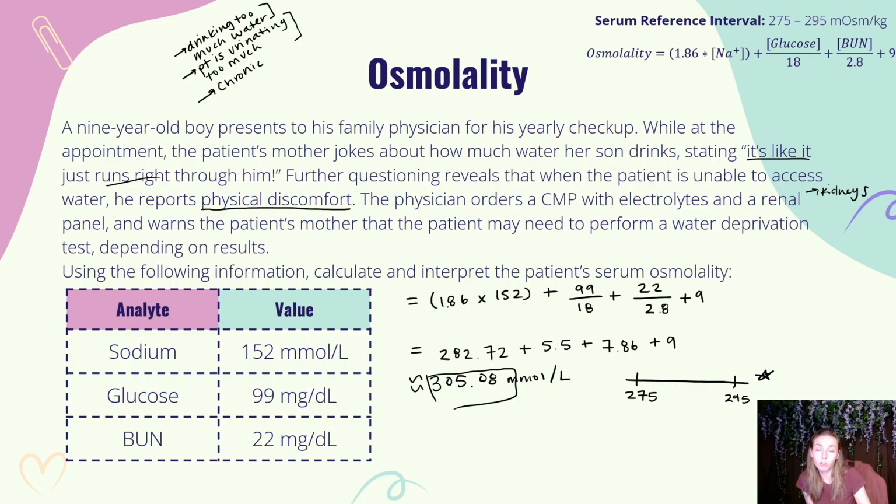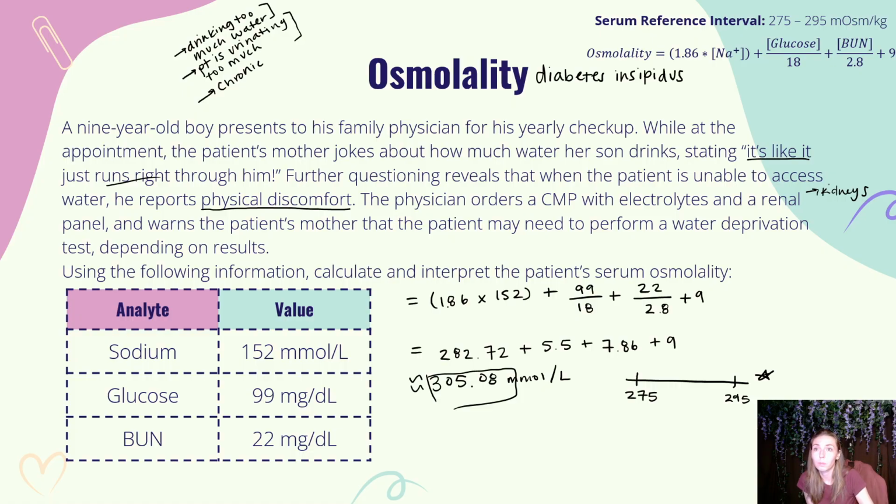His mom was saying that he drinks a lot of water. Problem is, he's urinating way too much. So not only is he getting a lot of water, he's losing more. He is drinking water to compensate for the fact that he's losing too much water. This is indicative of a condition known as diabetes insipidus.